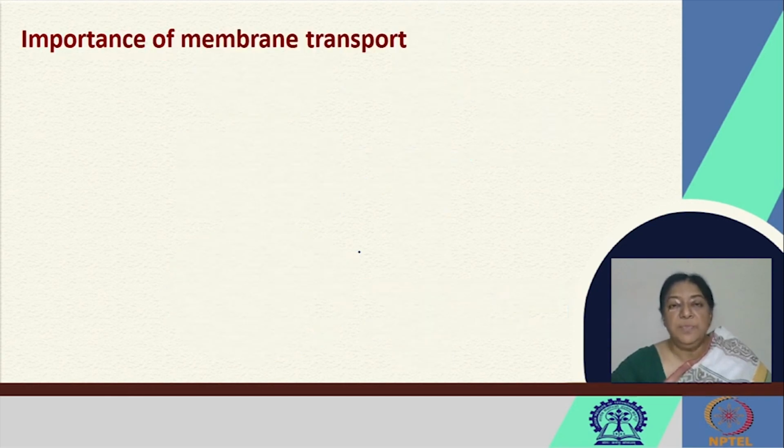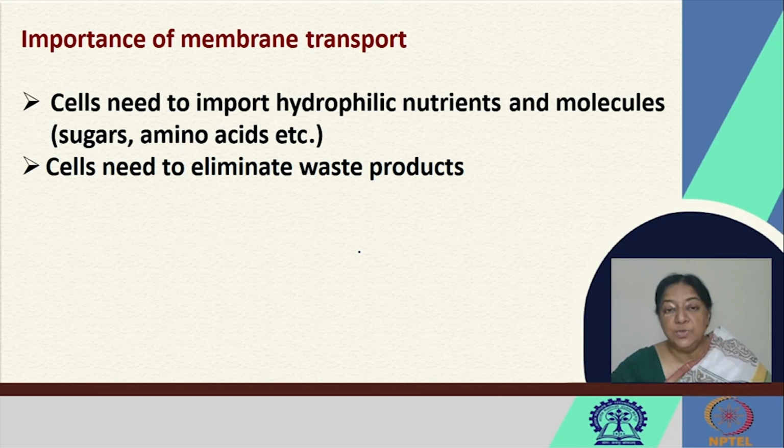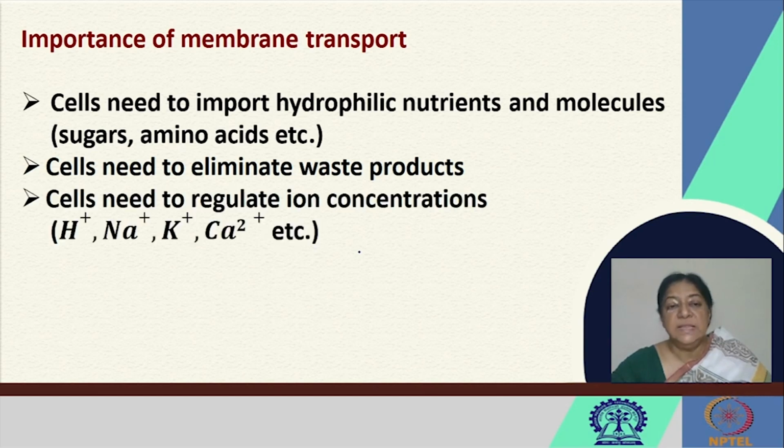The importance of membrane transport, therefore, is that cells need to import hydrophilic nutrients and molecules for the specific health of the cell, to maintain all the biochemical processes and functions that go on in the cell. They also need to eliminate waste products. They need to regulate ion concentrations.